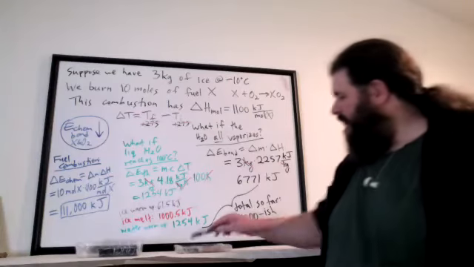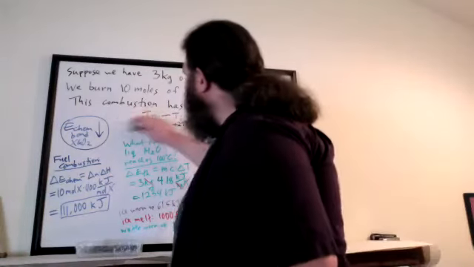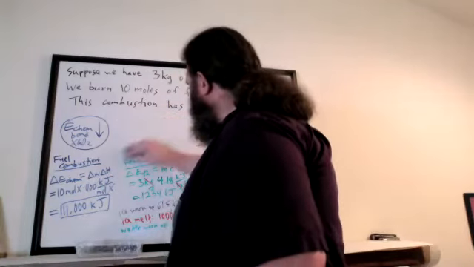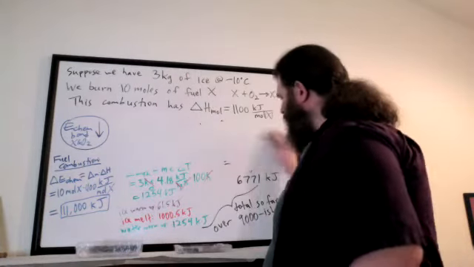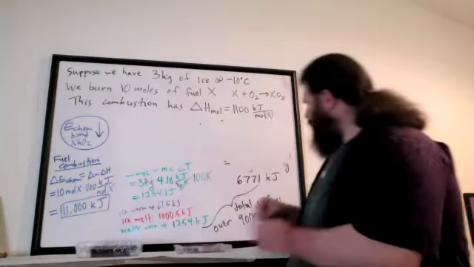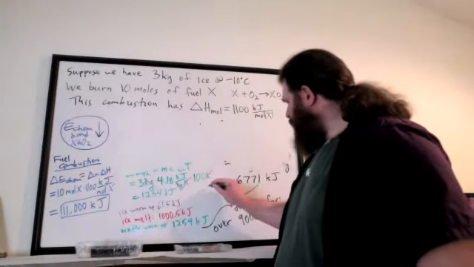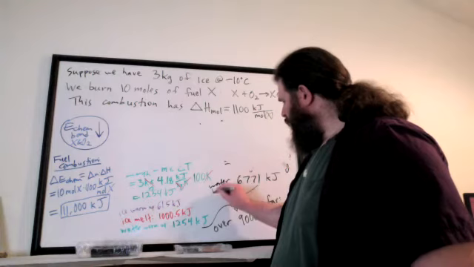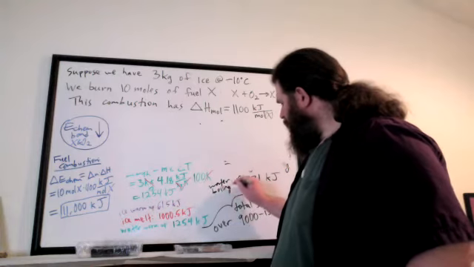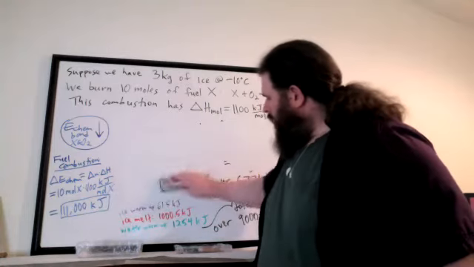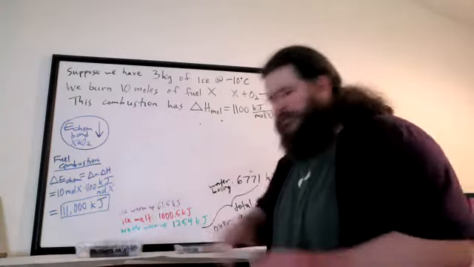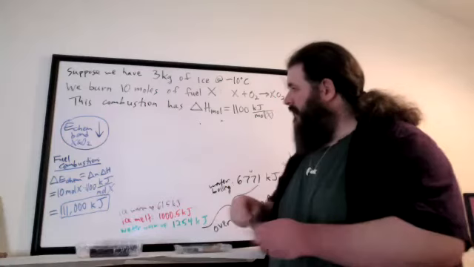So now that we've checked off all of those what ifs, we can actually put together the rest of the diagram. Can we mark the water boiling? 6,771. We could now even fill in the rest of the energy interaction diagram.